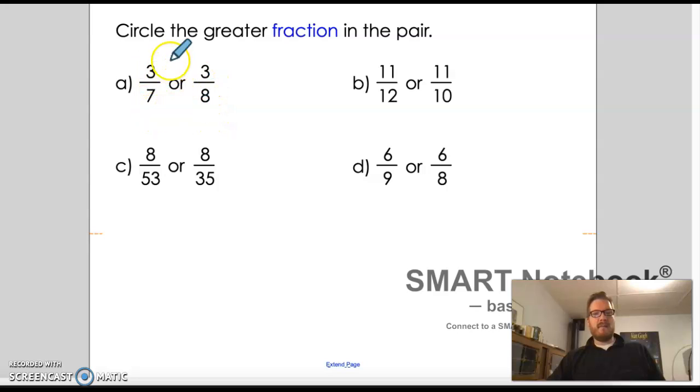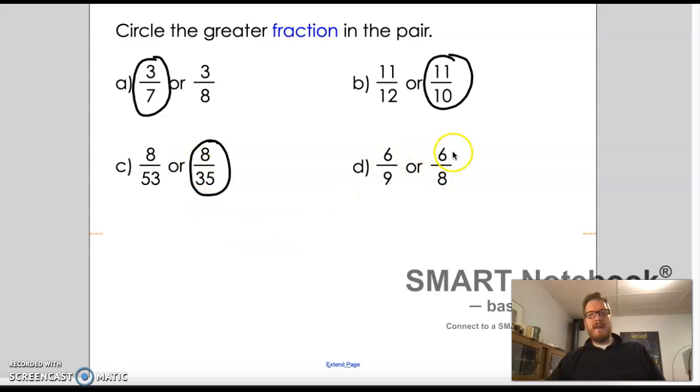So 3/7 or 3/8: 3 out of 7 is bigger than 3 out of 8. Okay, 11 out of 10 is bigger than 11 out of 12. 8 out of 35 is bigger than 8 out of 53. And 6 out of 8 is bigger than 6 out of 9. Every time, I pick the fraction that has the denominator that is less. Okay, that's what I pick.